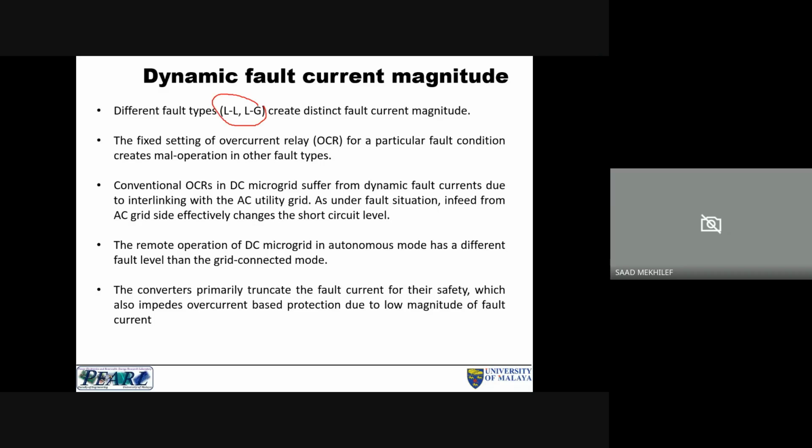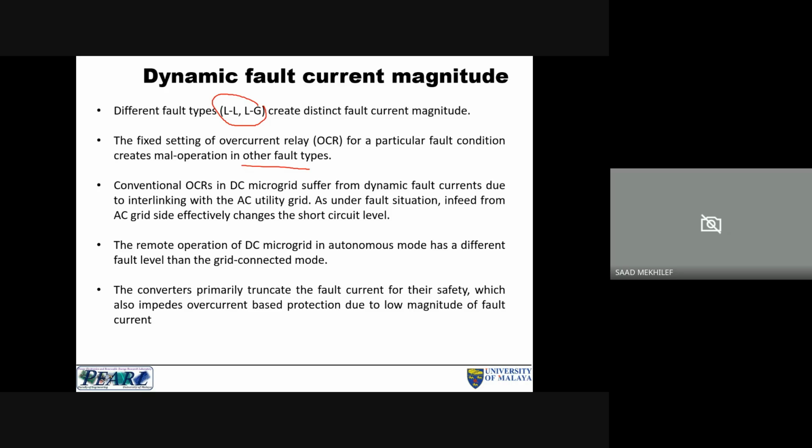The fixed setting of these relays, which is for particular fault conditions, creates maloperation, sometimes if you set it too low or too high.